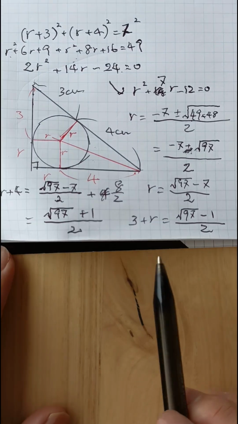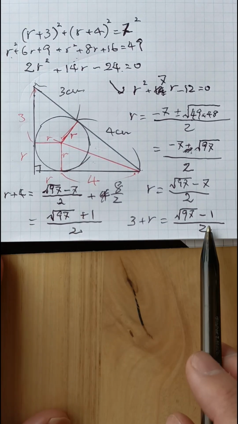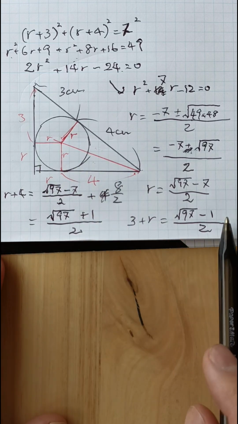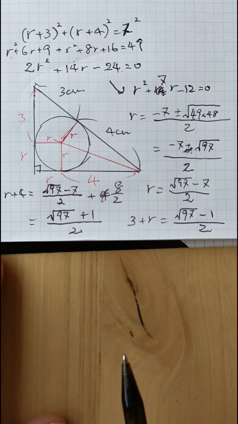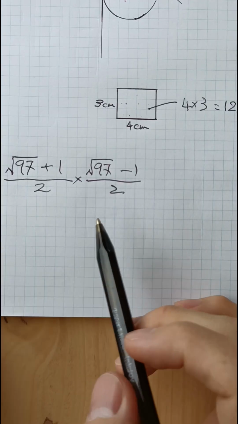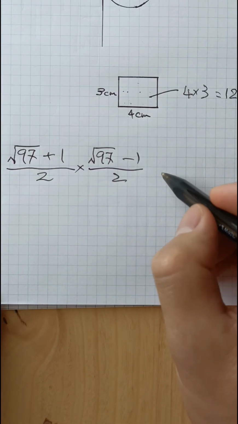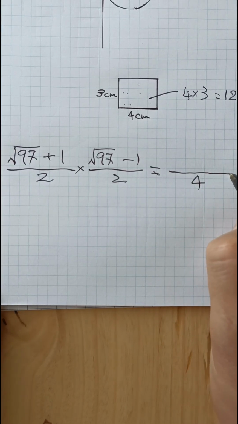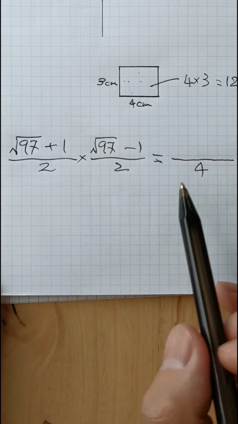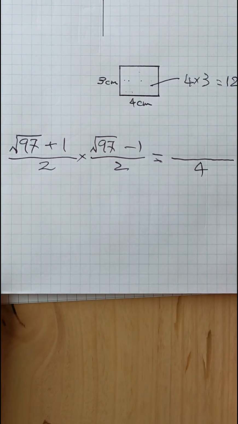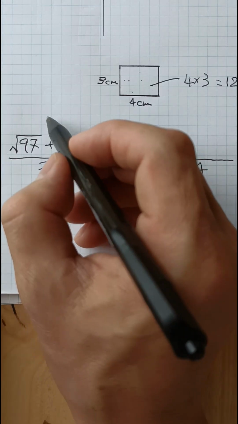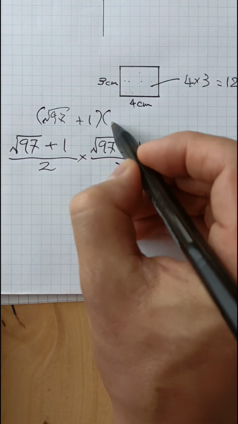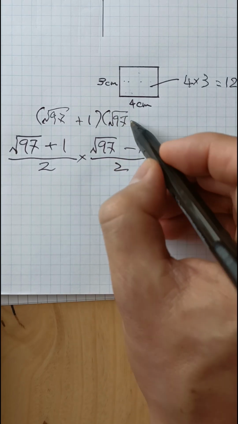So this is a base, this is a height, to figure out the area of this triangle, this times this, and then divide by 2, isn't it? So I rewrite this one. The denominator is gonna be 4. This is just base times height, so in the end, we need to divide by 2. Then the numerator is square root 97 plus 1 times square root 97 minus 1, isn't it?